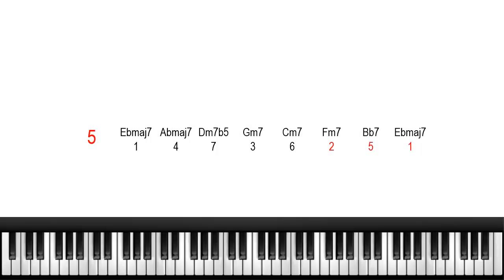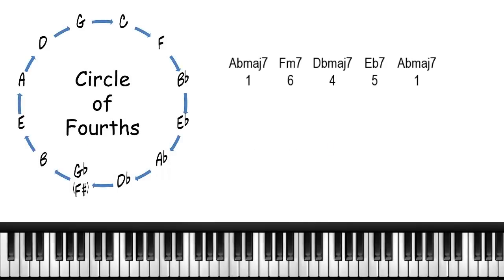The chord progression that we're going to go over first will be the use of a minor 2 chord going to a dominant 5. Now let's look at the 2 of E flat.